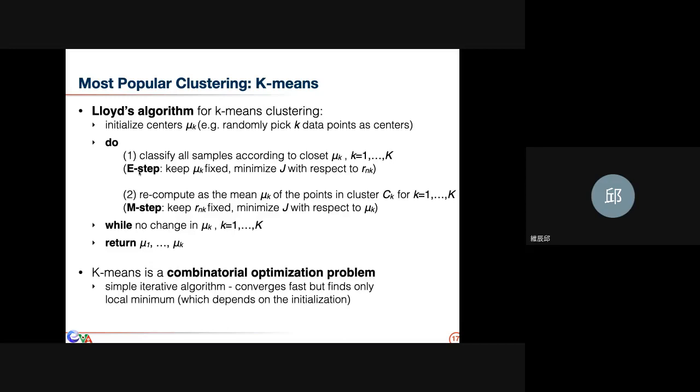Why do we say this is the E step and this is the M step? Because the whole algorithm is related to expectation maximization. The E here is the expectation and M here is the maximization. So this is the EM algorithm, the expectation maximization algorithm.